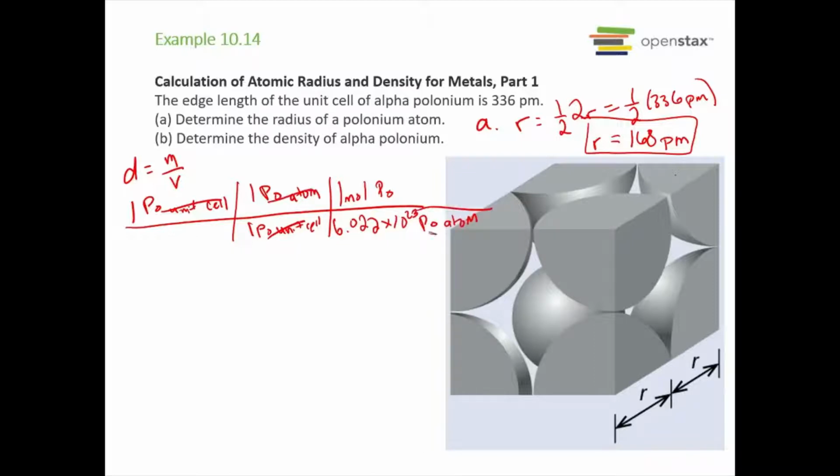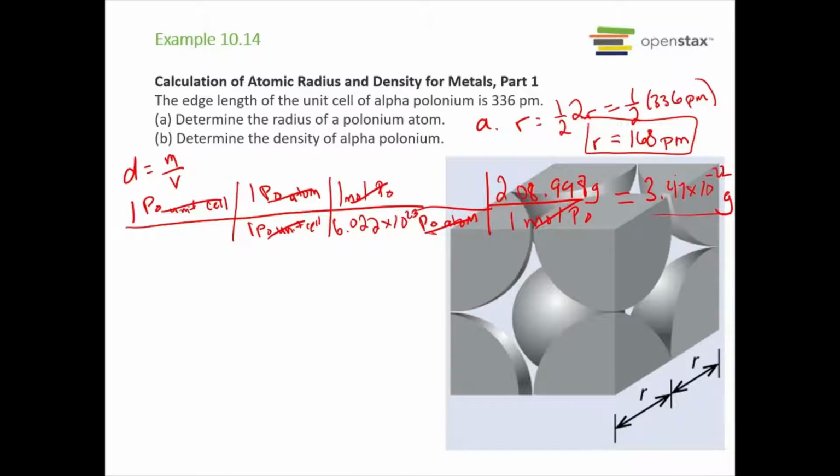Good old Avogadro's number coming back. And then we also know, thanks to our periodic table, that polonium has a molar mass of 208.998 grams per 1 mole of polonium. So we can see our moles of polonium cancel out, and the mass of our 1 polonium cell is 3.47 times 10 to the negative 22 grams.